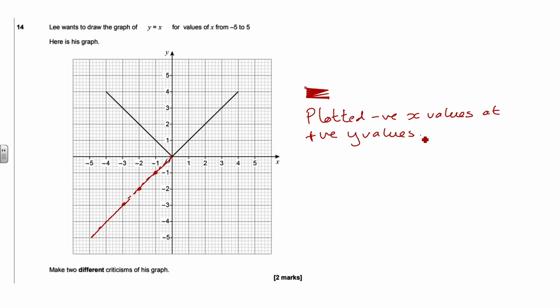Apart from the fact that it's obviously a V shape and it should be a line, what's the problem? The only thing I can really pick up on is, he says he wants to go from -5 to 5. We look at the image, the graph is going from -4 to 4. So I would suggest that would be our second criticism. So values of x from -4 to 4.